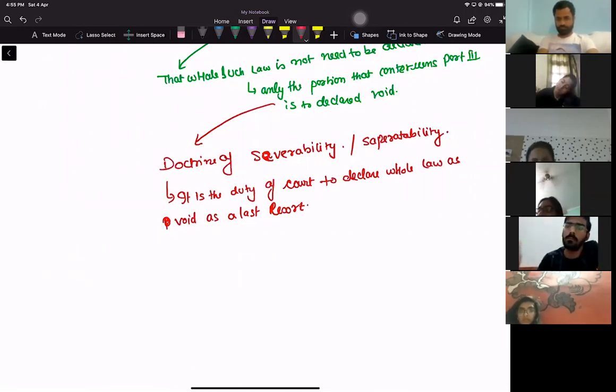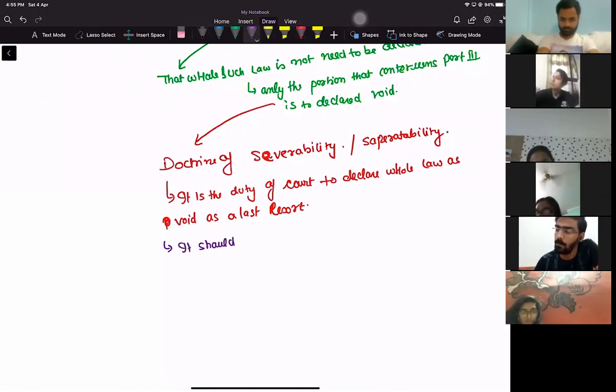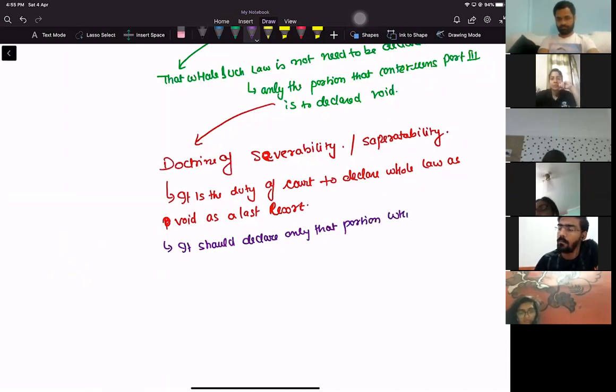Then what should the court do? It should declare only that portion which is inconsistent या contravention. I will not use the word inconsistent because वो first clause में use किया है तो वो conflicting सा हो सकता है.